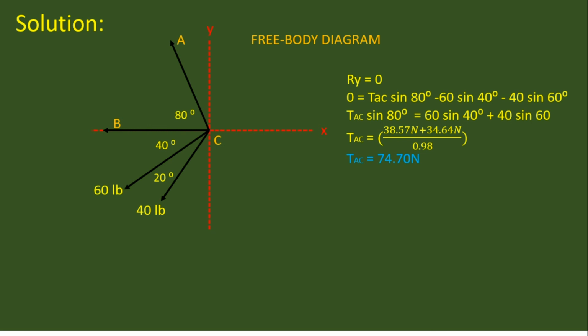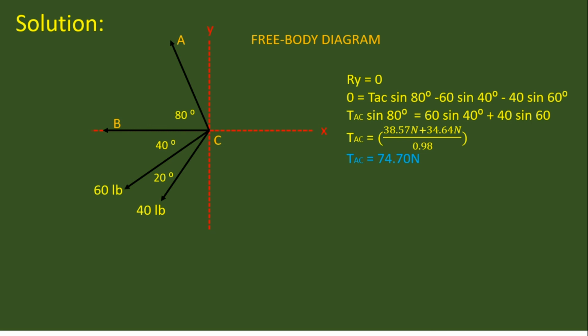And the same with Ry must be 0 naman, since nakatagilid na siya, walang tayong resultant na Y. So we get 0 is equal to tension at AC sine 80 degrees, then minus yung 60 sine 40 degrees, minus yung 40 pound sine 60 degrees. Then we get this by transposition, and then we get the value of tension at AC, which is 74.70 Newton.